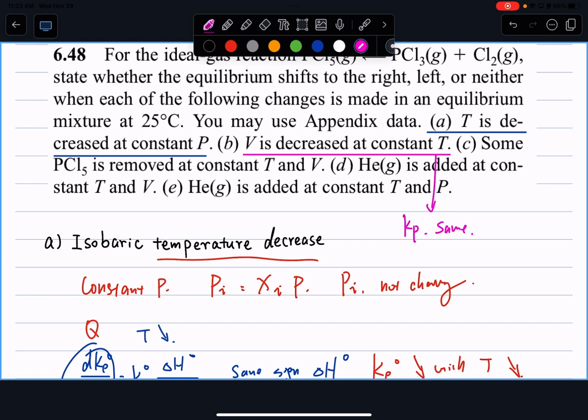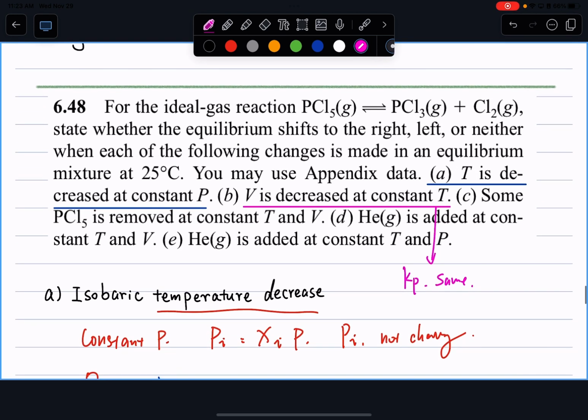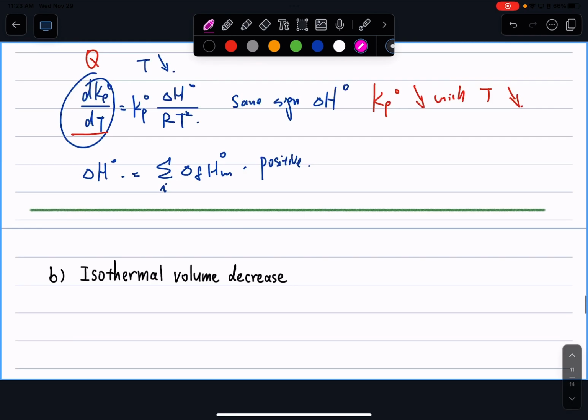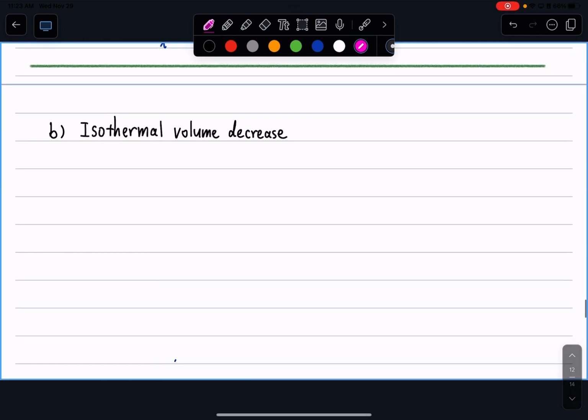When total volume is decreasing, we look at Pi equals Ni times RT over V. What that means is all of your Pi will increase proportionally with the volume decrease.